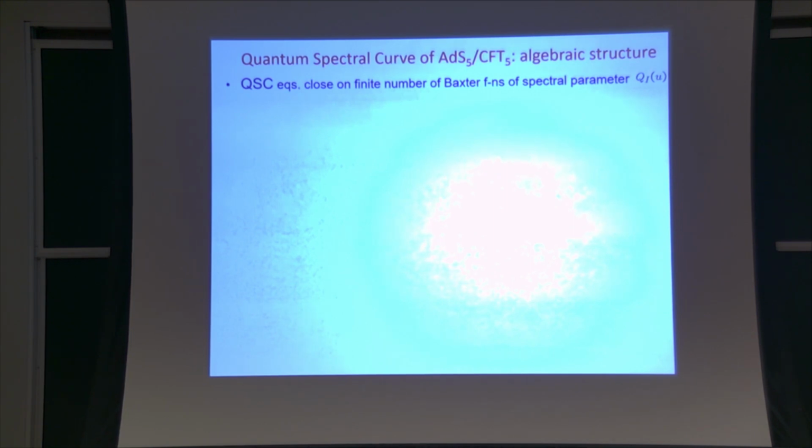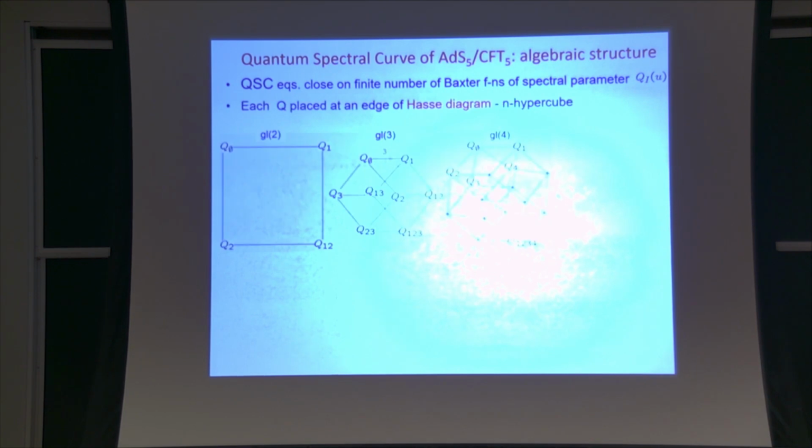So okay, what is the quantum spectral curve? Oh, sorry. I keep fixing it in every talk, but I forget. Of course, CFT4. So we introduce a set of so-called Baxter functions of spectral parameter u, labeled by a multi-index I, which I will describe now.